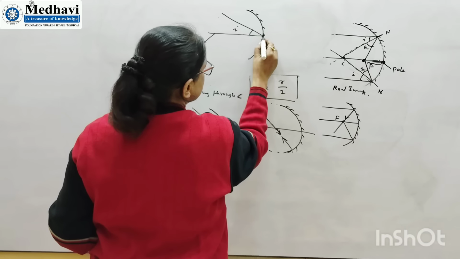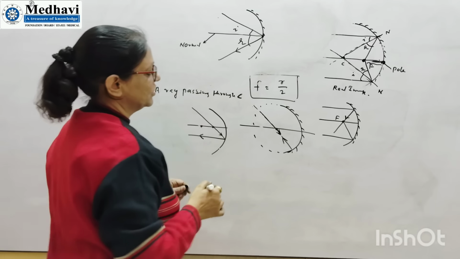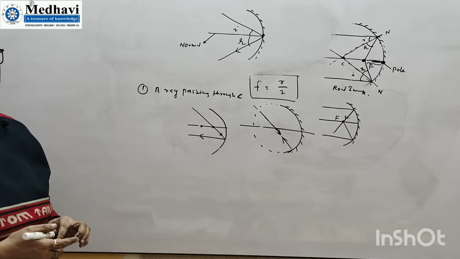This is the angle of incidence, and this will come out, this is the angle of reflection. So we have got the four pieces of information.